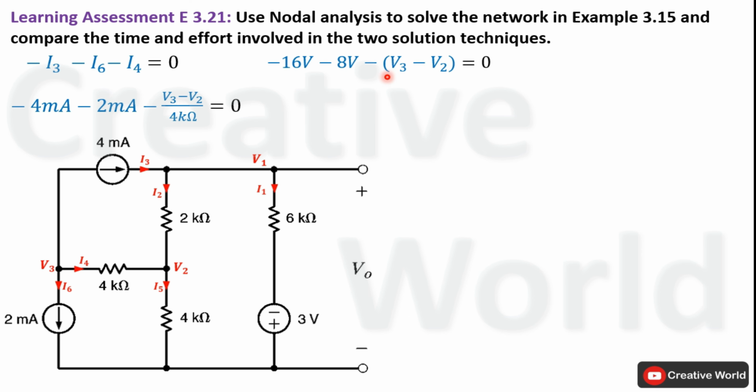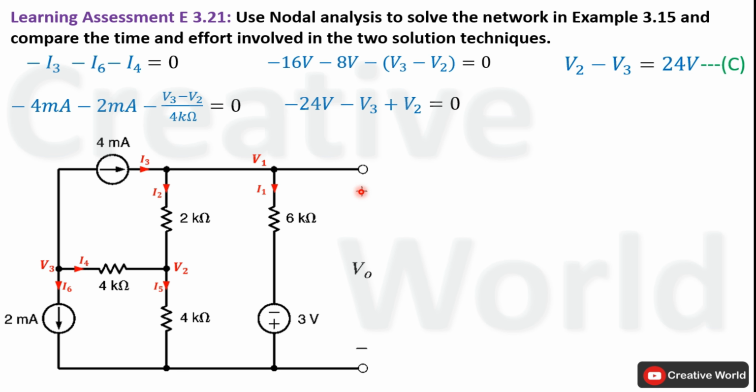Now open these brackets, this minus will multiply with the values inside the brackets. The equation will become minus 8 and minus 16 will become minus 24 volt minus V3 plus V2. Now place this minus 24 volt on the other hand side of equal. So the equation will become V2 minus V3 equal to 24 volt. And it is the third node voltage equation of this network.